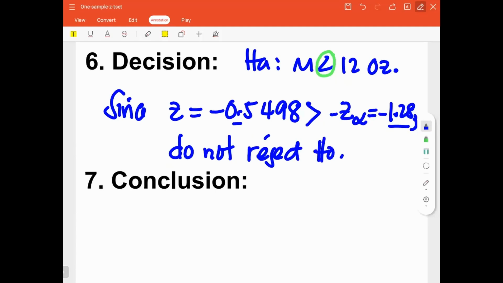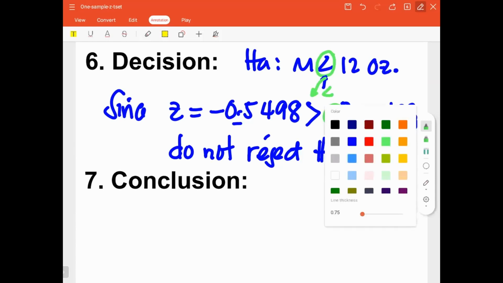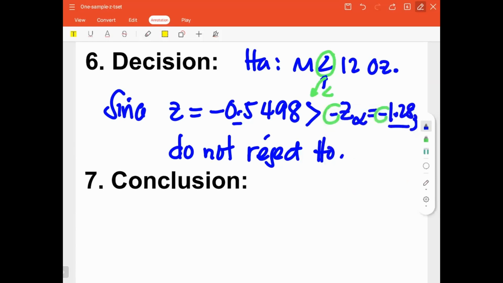So again, as an emphasis, if our HA is adopting this less than symbol, the critical value should be made negative. It must be negative. And this must also be less than for us to reject the null hypothesis. But in this case, it's the other way around. That's why we do not reject the null hypothesis. That's why our conclusion should then be what?